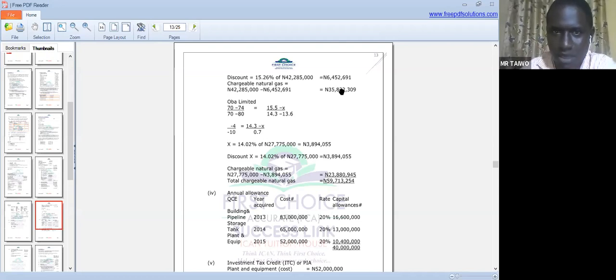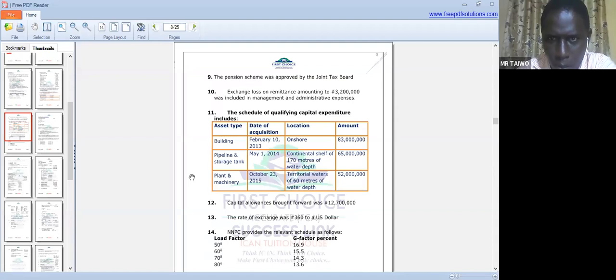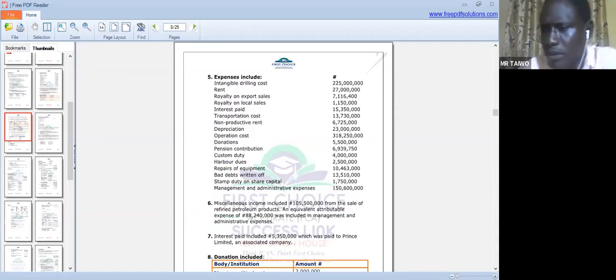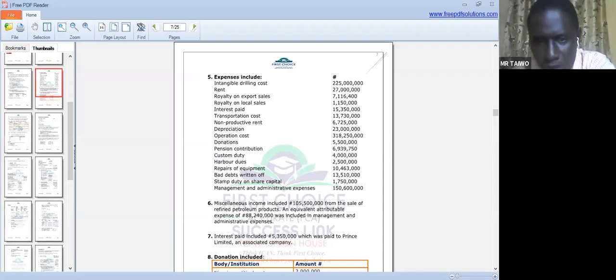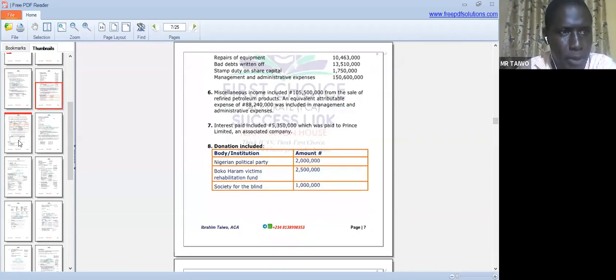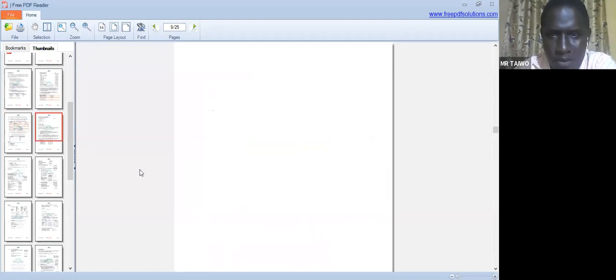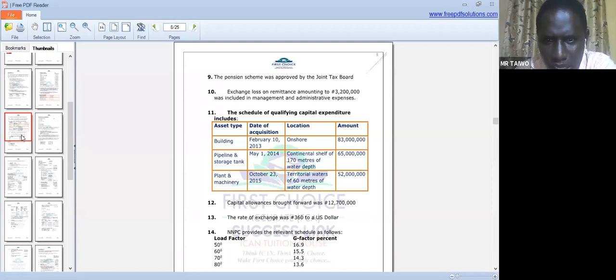If that is clear, let's look at the next company. I'm trying to get the load factor for the gas.